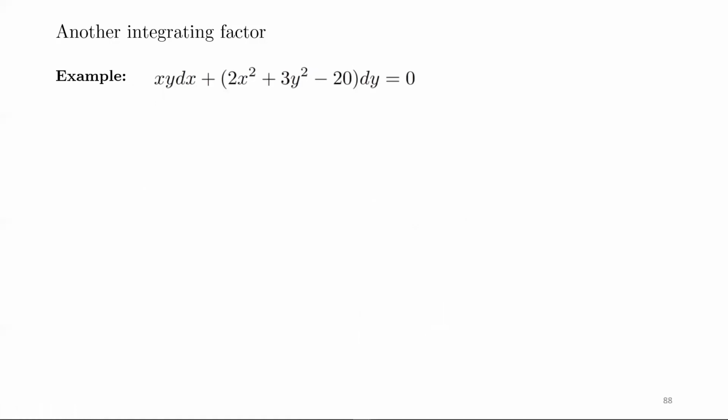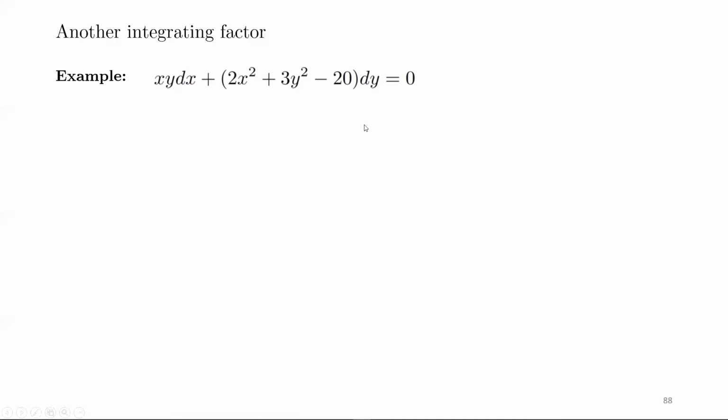So x times y times dx, so my function M is x times y, plus 2x squared plus 3y squared minus 20, so this is my function N times dy, equals 0. I can clearly see it's non-linear, and it's not separable. I should check whether it is exact or not.